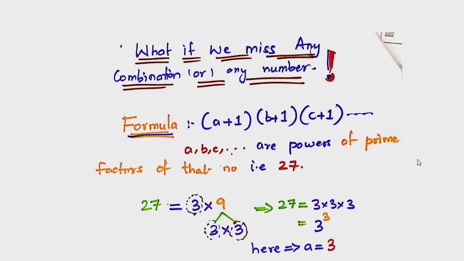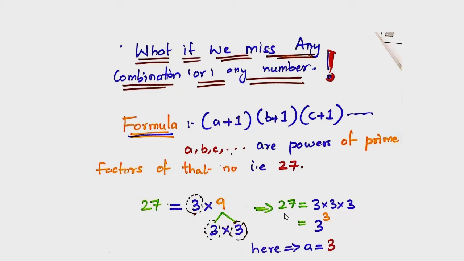I'm not going to discuss in this video how we got this formula, but just understand what it is going to do for you in finding the factors. Here, (a plus 1) multiplied by (b plus 1) multiplied by (c plus 1), and so on. Here a, b, c are the powers of the prime factors of a number.